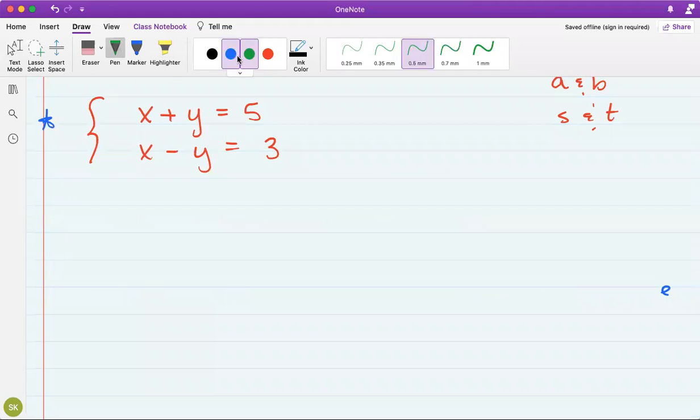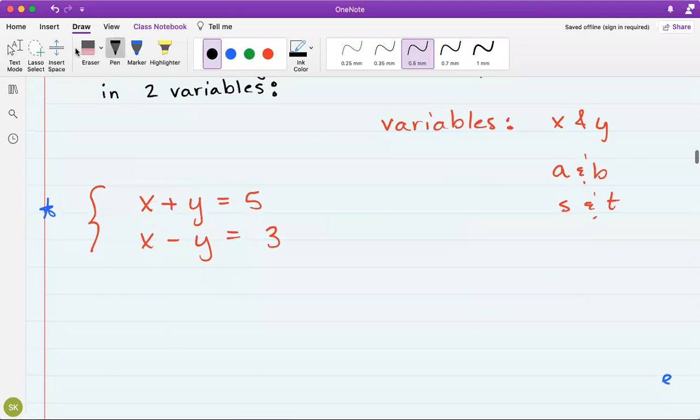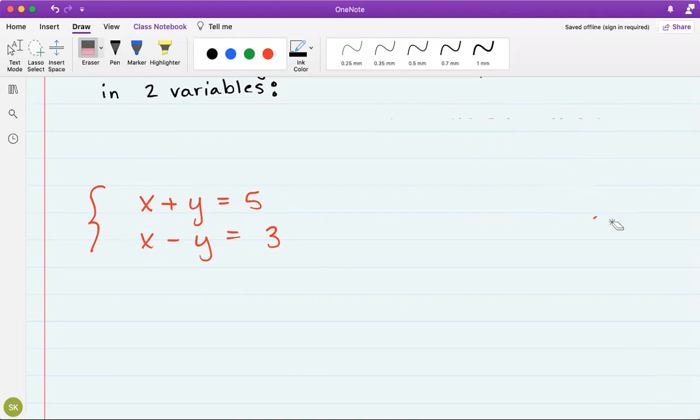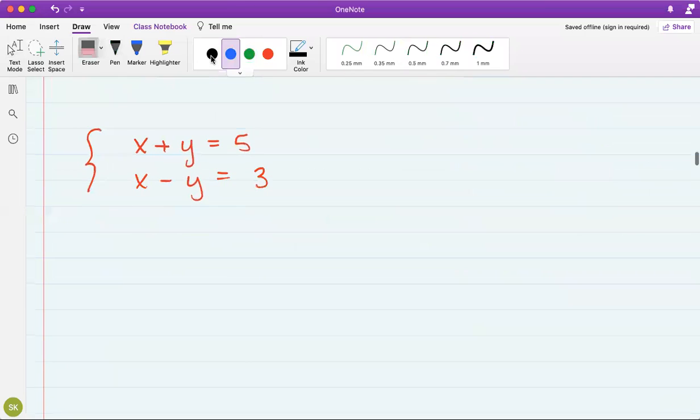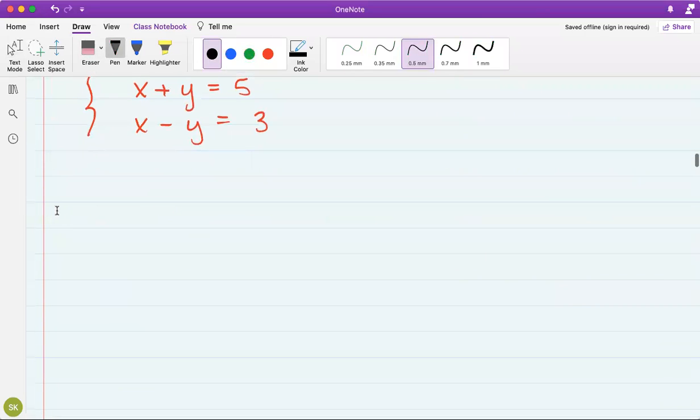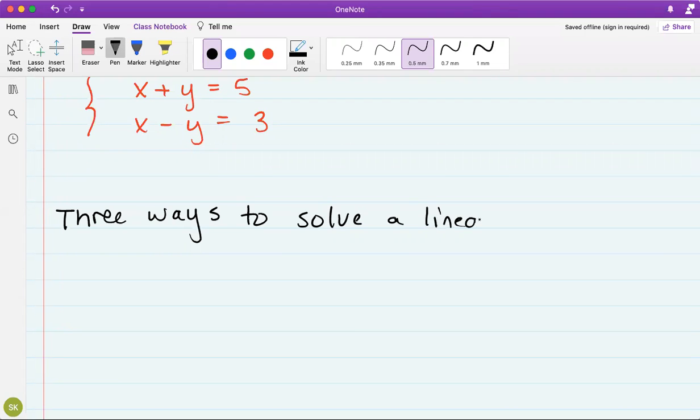So let's write that there are 3 different ways that we can solve this type of linear system. Let's clean this up a little bit. So there are 3 ways to solve a linear system.